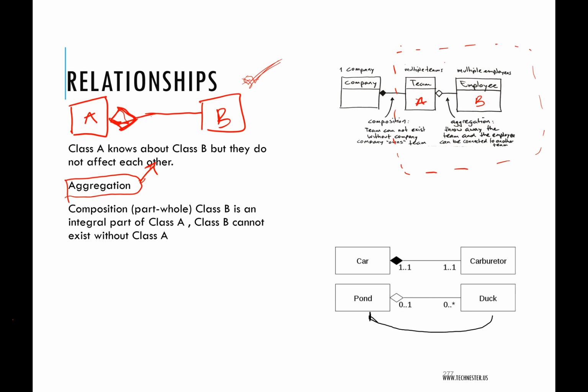That is aggregation, gathering. Now, the third type of relationship that we'll talk about is composition. Composition is when something is made up of another thing. For composition, the diamond is filled.